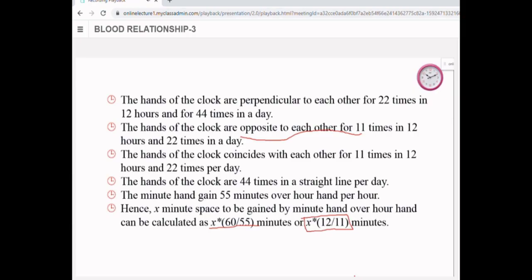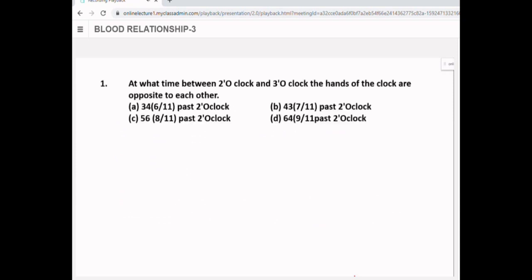Minutes multiplied by either, both formulas give the same answer, but I'll remember this formula: minutes into 12 upon 11. From where did you get 12 upon 11? 60 upon 55. 5 12s are 60, 5 11s are 55. So 12 upon 11 minutes. Okay, you'll require this.